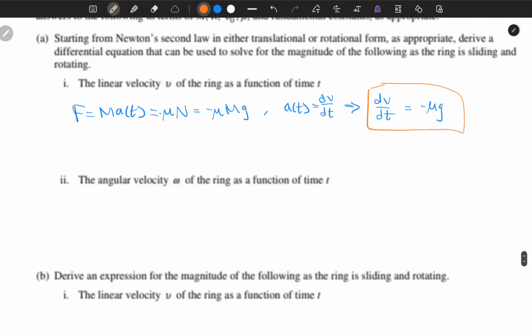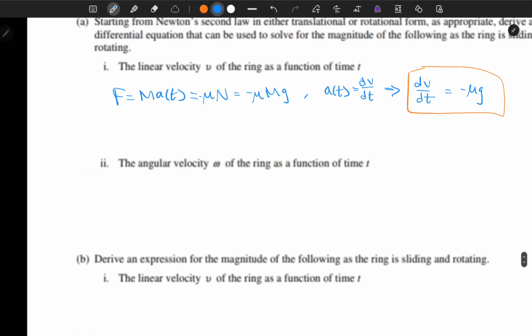Next, we wish to find a differential equation determining the angular velocity omega of the ring as a function of time. Well, the rotational analog of Newton's second law is the torque equation. That is, tau, the torque, is equal to I, the moment of inertia, times alpha(t), the rotational acceleration. Here, I is equal to m r squared times alpha(t).